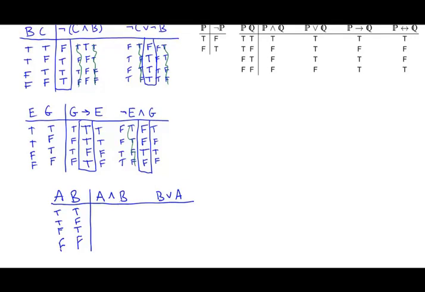So with A and B, that's only going to be true in the case where both sides are true. So we'll get this pattern. B or A, that's only going to be false where they're both false, so we'll get this pattern.